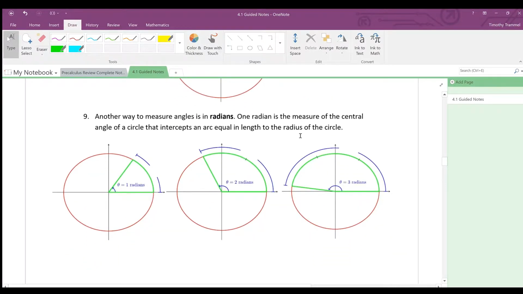So let's actually get an idea of what a radian is. Okay. So let's maybe read it first, and then we'll try and use the pictures to help us interpret what it says. It says another way to measure angles is in radians. 1 radian is the measure of the central angle of a circle that intercepts an arc equal in length to the radius of the circle. Okay, so let's try and unpack that. So we have a radius of r.